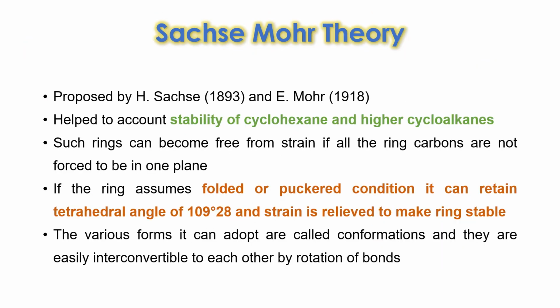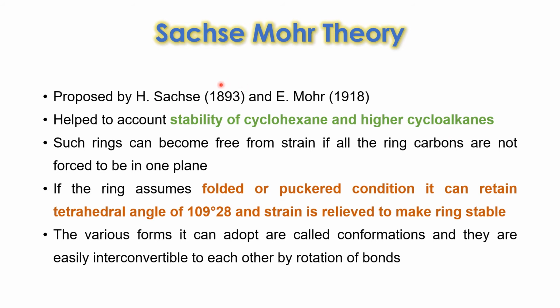We have seen limitations of the Baeyer strain theory. That theory was applicable to only lower cycloalkanes like cyclopropane, cyclobutane and cyclopentane. But the moment we try to make it applicable to cyclohexane and higher cycloalkanes, the theory doesn't work.